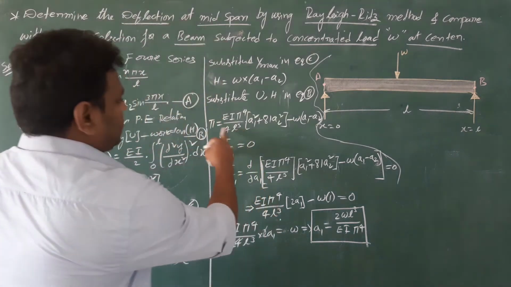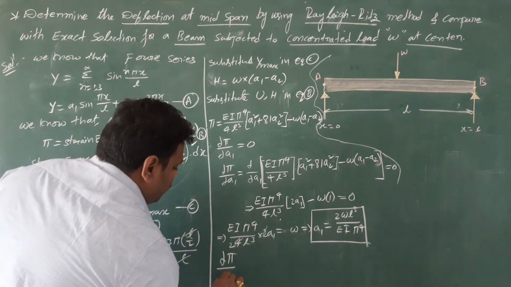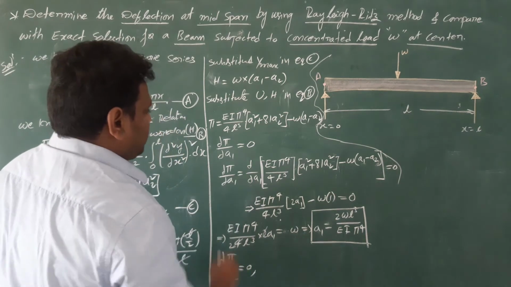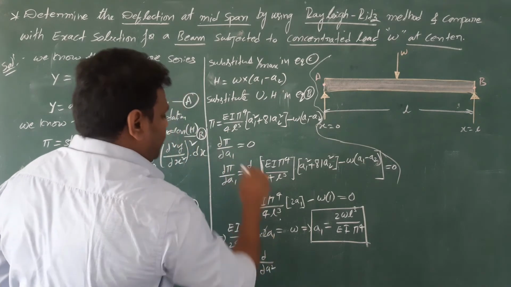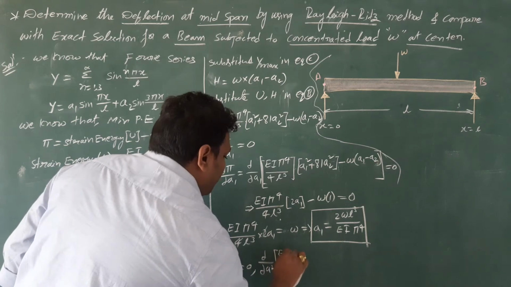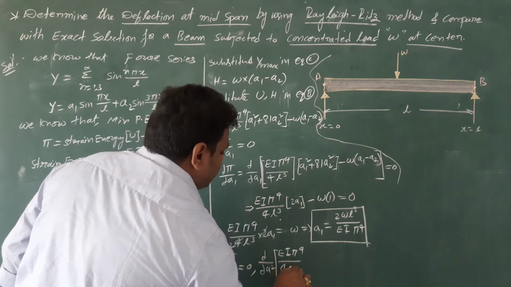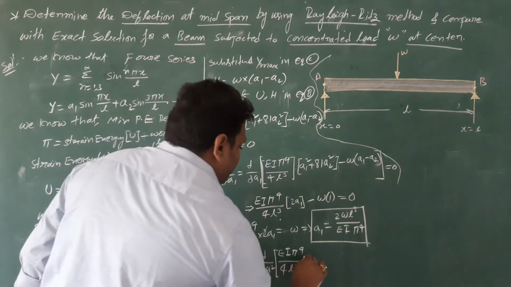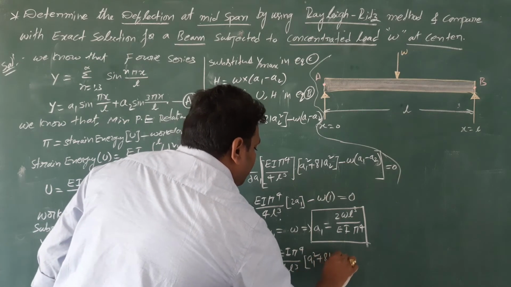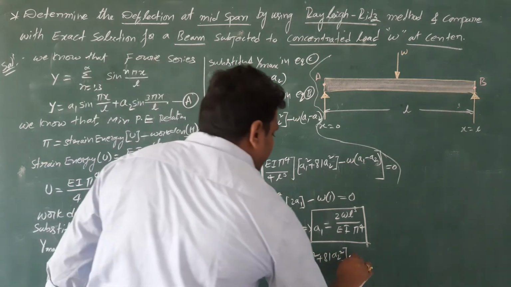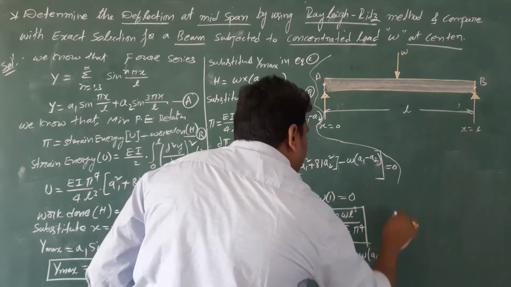So differentiate this pi value, that is dou pi by dou a2 is equal to 0. We know that dou by dou a2 of pi. So substitute here EI pi power 4 by 4L cube into a1 square plus 81 a2 square, minus W into a1 minus a2.